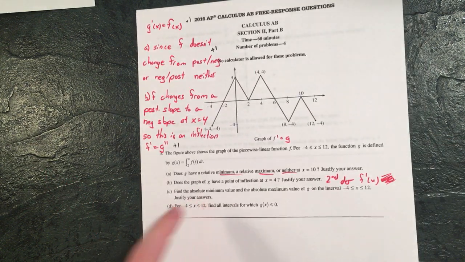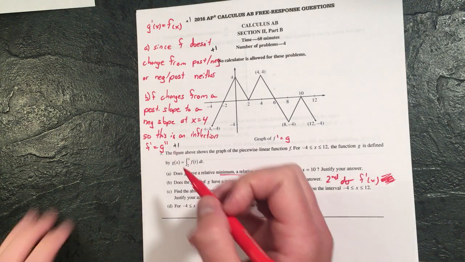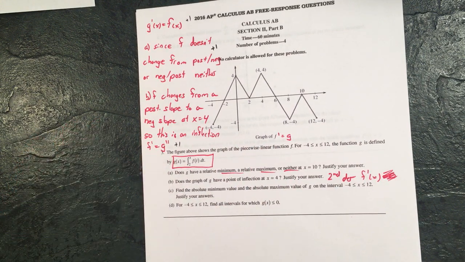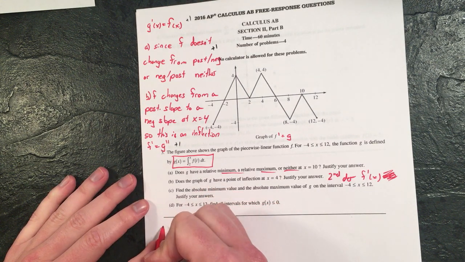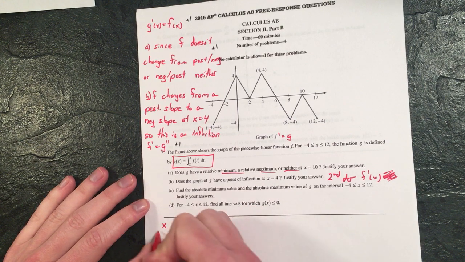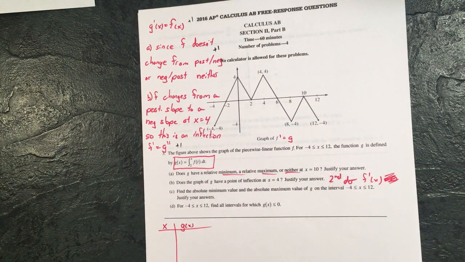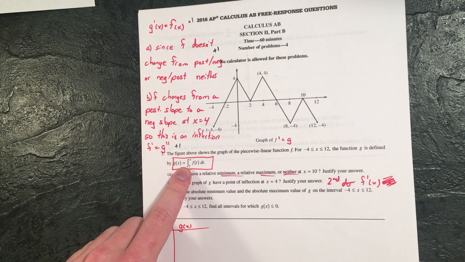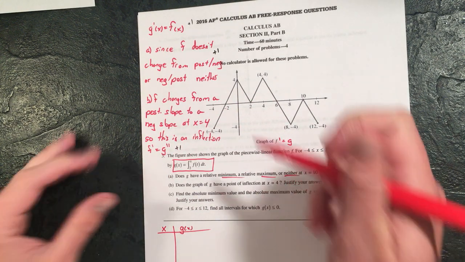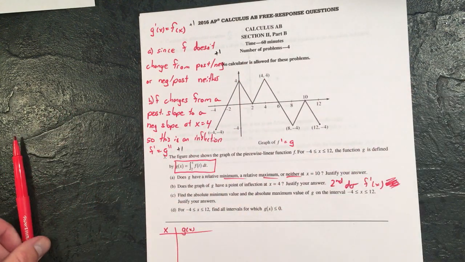C, find the absolute minimum and absolute maximum value of g. So we're really going to have to be using this expression here, and we can plug it off along the way. We can make some chart, the x value, and then what the g of x value is. And I think what's going to be really useful here is knowing that since this is an integral, we're looking for the area under the curve. So let's find out how big each of these areas actually is underneath the curve.